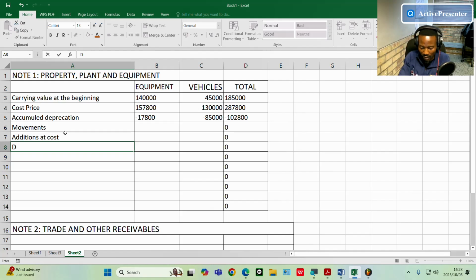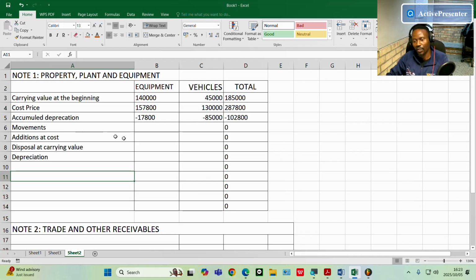Whenever you sell an asset, disposal at carrying value. And then what you can also have is depreciation for the year. Okay, then we can just plug them in.